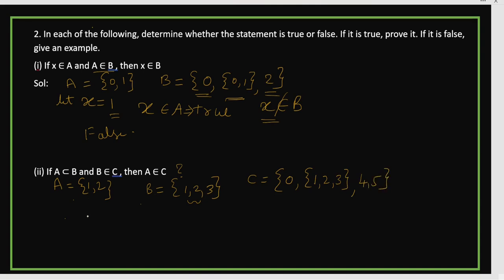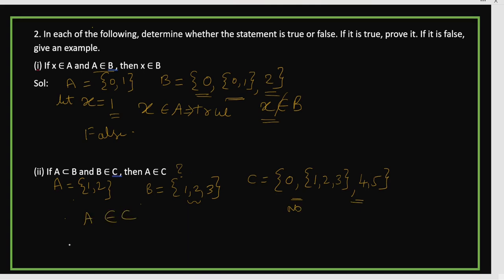So what is asked is A belongs to C. A is {1, 2}. Can you see {1, 2} is there here? No. So A does not belong to C.